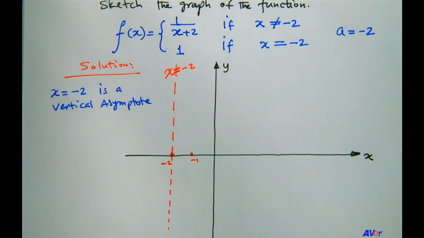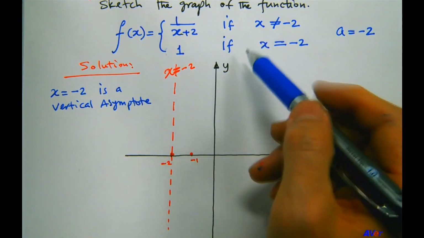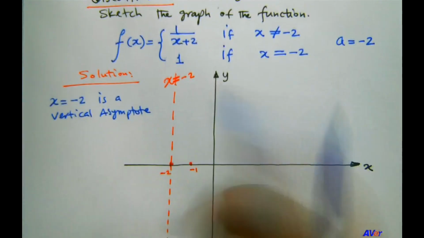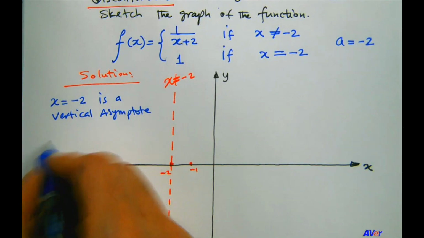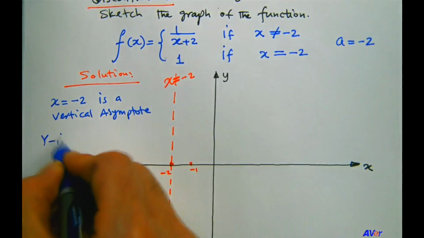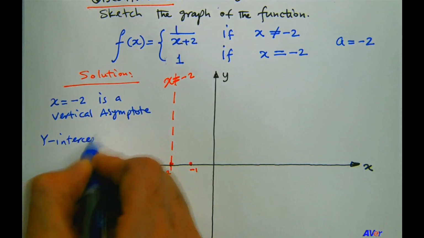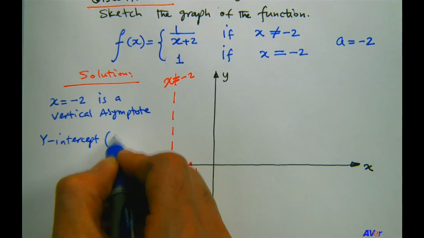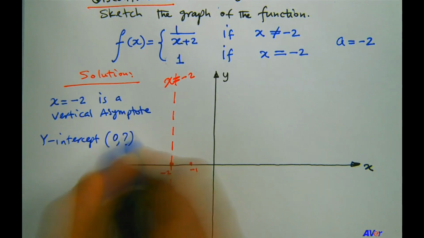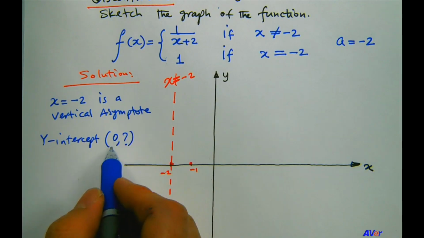Also, let's find the y-intercept. The y-intercept would be wherever we have x as 0 and then the y value, we should look for that.